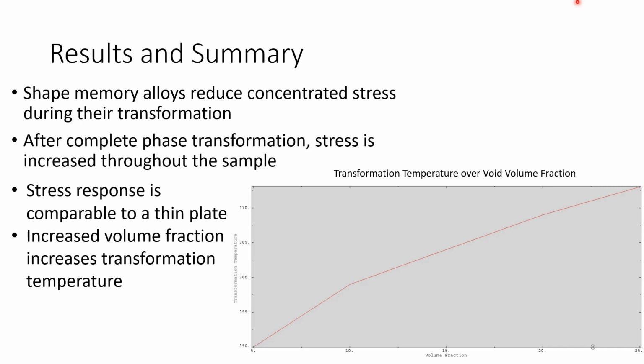We also saw that the stress response is comparable to a thin plate through the analytical solution that Kirsch has. And we also found that as you increase the volume fraction, you increase the transformation temperature, effectively making the transformation happen sooner. That makes sense because as you cut away more material, you leave a weaker part, which leads to higher stresses, which leads to that section transforming sooner.